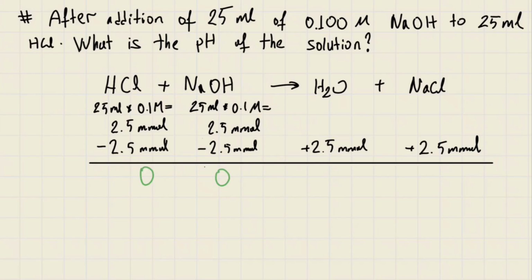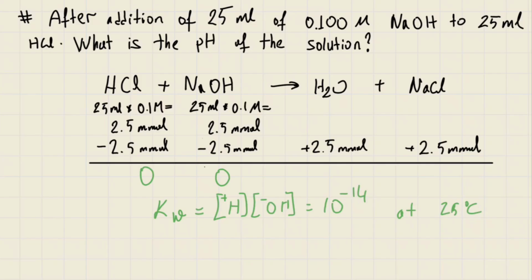And if you remember, the ionization constant of water is 10 to the minus 14 at 25 Celsius. We assume that it is at room temperature.